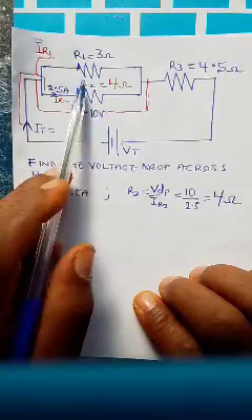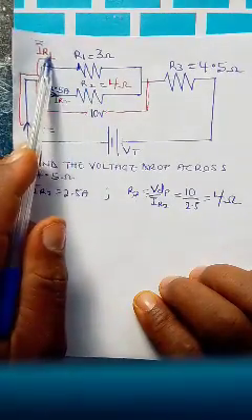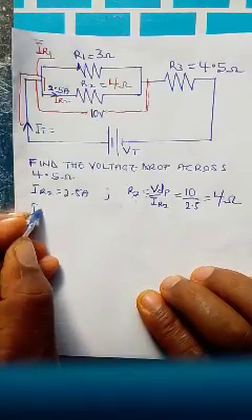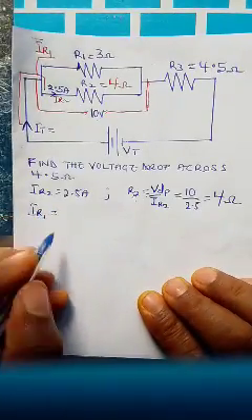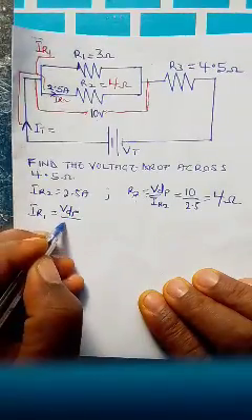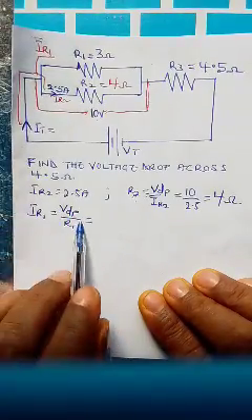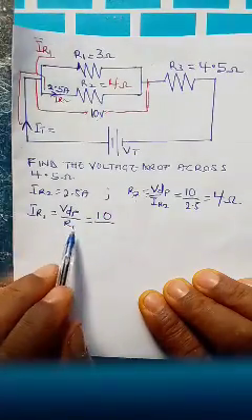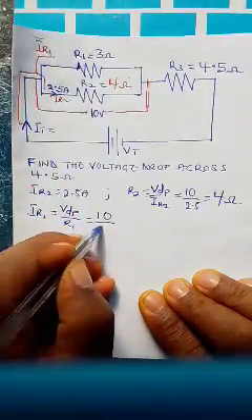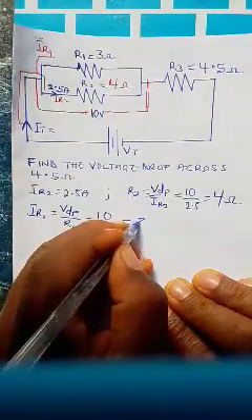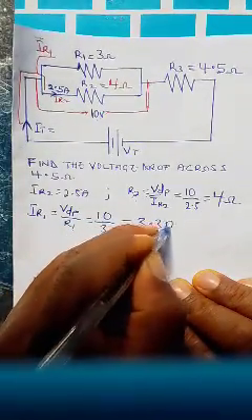The same thing: 10 divided by R1 will give us the current in R1. So current in R1 equals the voltage drop across the parallel circuit over R1, which is 10 over 3. 10 divided by 3 is 3.3 amps.